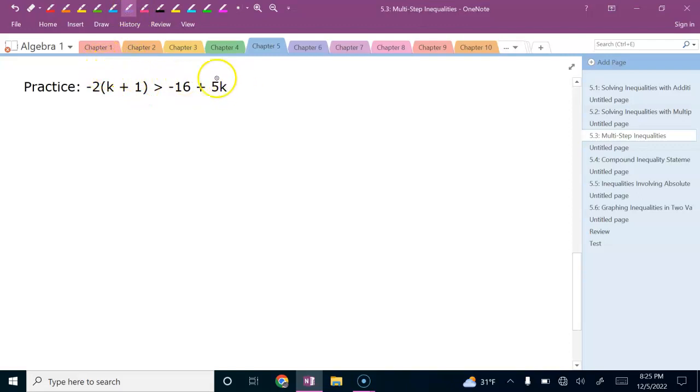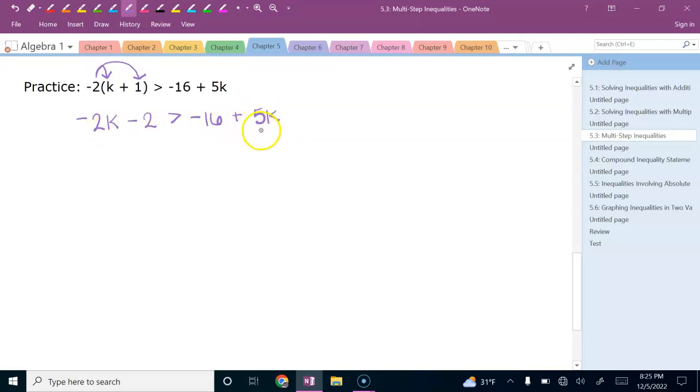But what I would have done first is I would have used the distributive property. So this says negative 2k minus 2 greater than negative 16 plus 5k.